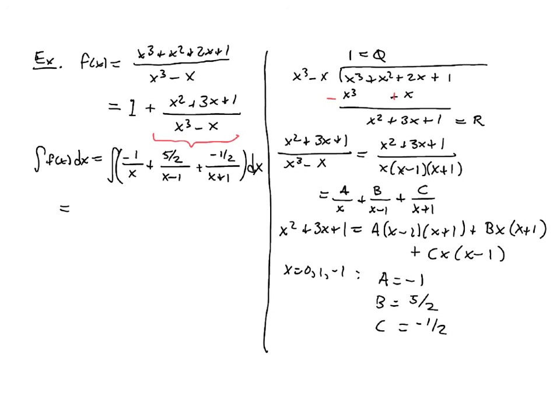And then integrating the pieces, we have minus ln absolute value of x plus 5/2 ln absolute value of x minus 1 minus 1/2 ln absolute value of x plus 1, whole thing plus c.